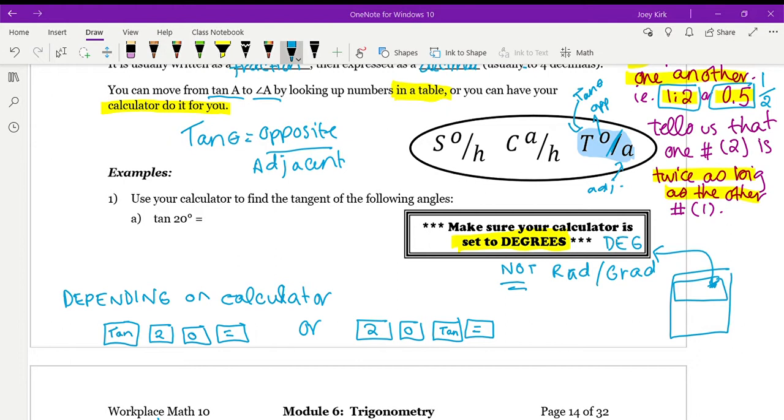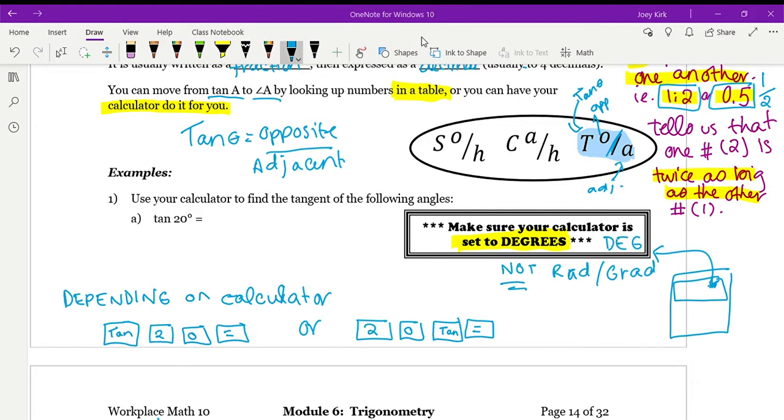So I'm going to press tan, then 2, then 0, and then equals. Now, clearly this calculator wants me to put in the 20 first before I do the tan. So let's clear and try again. I didn't know this. All right, so 2, 0, and we're going to do it the opposite way, tan. Hey, there we go.